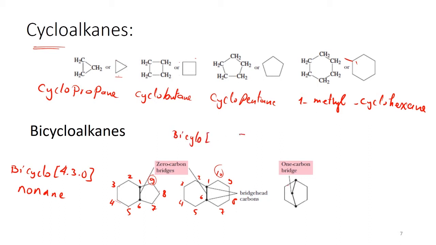Then I would write the number of carbons on both sides. I have here 4 carbon atoms, I have 4, and here I have also another 4. And here at the meeting point or the bridge point, I have 0 carbon in this bridge. And I would write my parent chain decane.